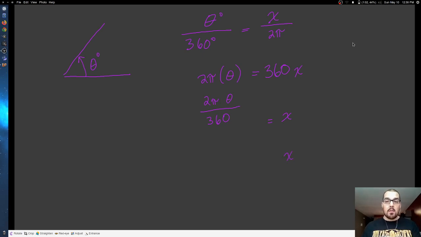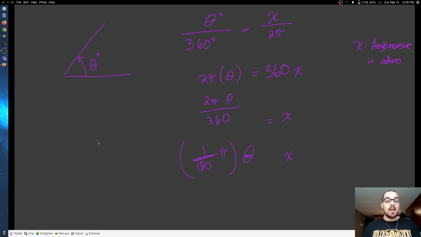X, which again, remember, x is my angle measure in radians here. Two divided by 360, well, that would give me 1 over 180. Now that fraction is still multiplied by pi times theta.